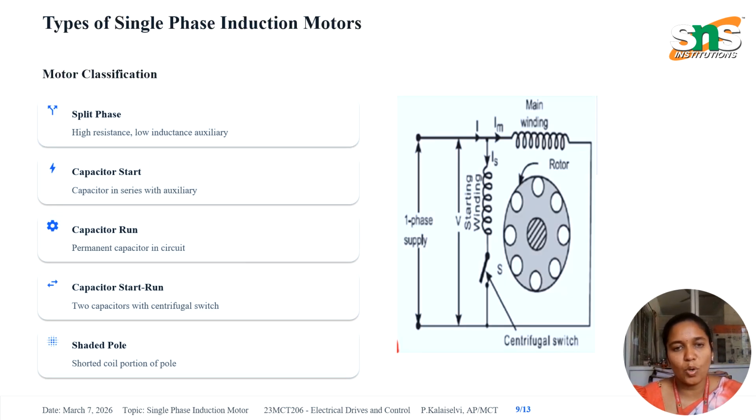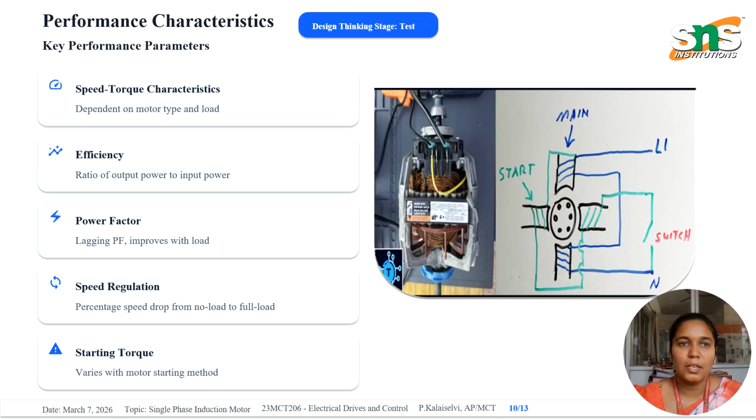These are the types of single phase induction motor. Based on the starting method, these motors are classified into split phase, capacitor start, capacitor run, capacitor start capacitor run, and shaded pole motors. Each type is selected depending on torque requirement and applications. Important performance characteristics include efficiency, power factor, speed regulation, and starting torque.